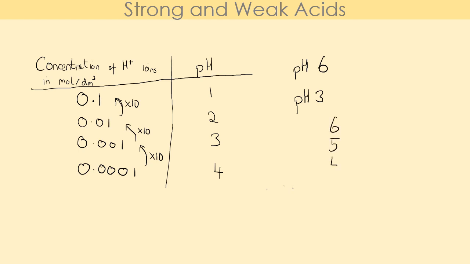So we'll write 6, 5, 4, 3. A pH of 5 is 10 times stronger. A pH of 4 would be 100 times stronger. A pH of 3 would be 1,000 times stronger than a pH of 6, because we follow this logarithmic scale, just like how they do with measuring earthquakes.